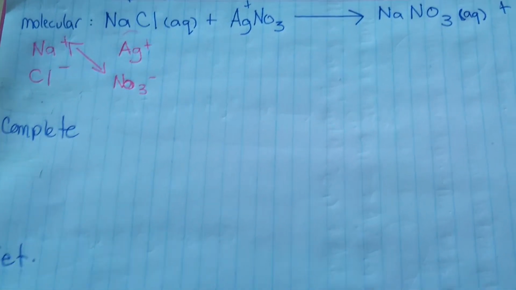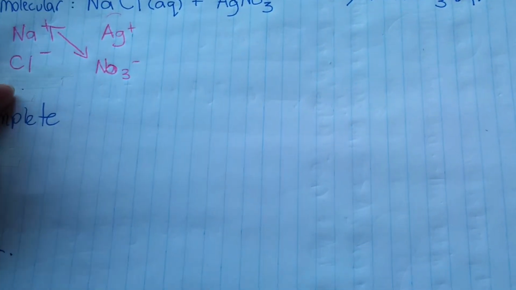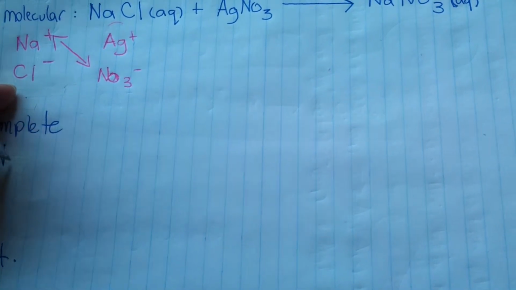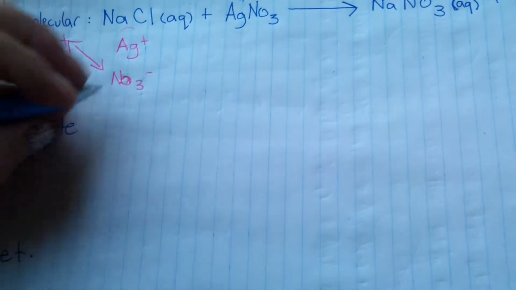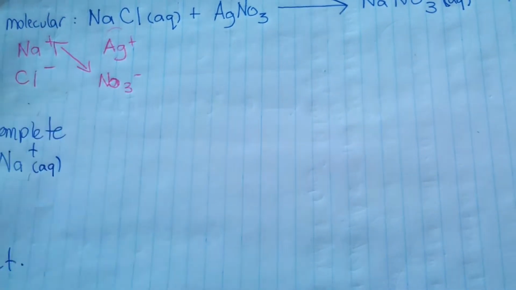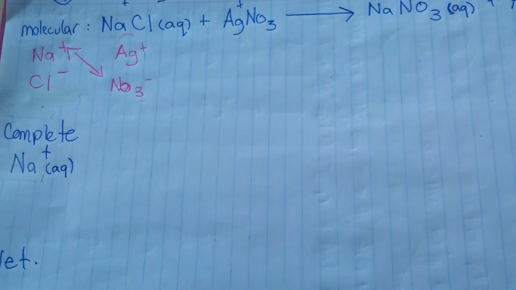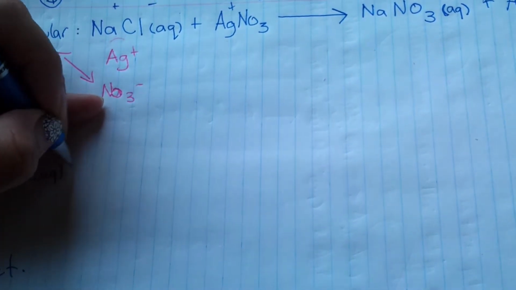Okay, so the next part is our complete equation. It is everything that's in the equation. It's like our recipe for the equation. So we're going to write it down. Na+, which is sodium, and because it came from an aqueous solution, it's going to remain aqueous. It will forevermore be aqueous.